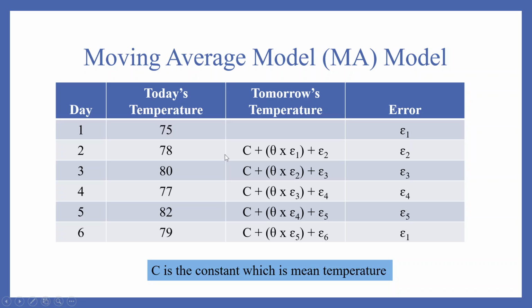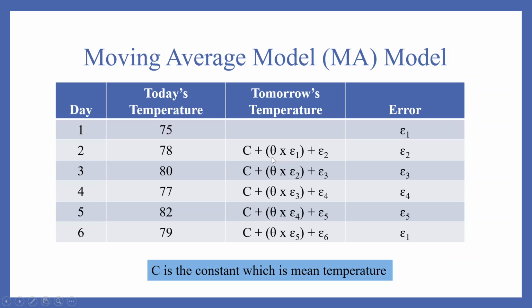Same example we will understand with the help of the MA model. So today's temperature, tomorrow's temperature, again we'll consider C, which is a constant mean temperature, plus theta into epsilon 1. Now we are giving weightage to this error term of the first day, which is the difference of actual minus predicted.